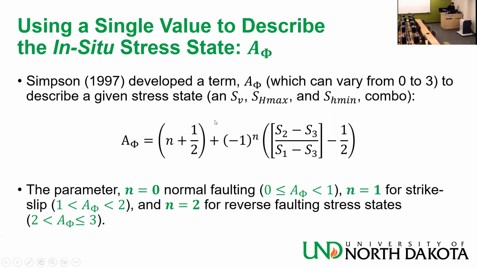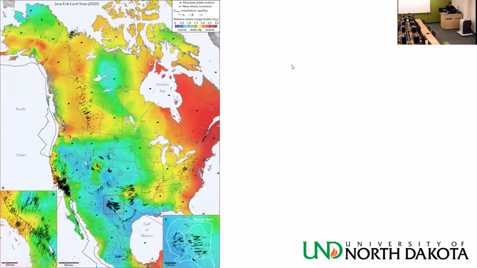So you apply this equation, and then you come up to this range from 0 to 3. And then there was somebody, an excellent fellow from Stanford, who said, let me take this A phi spectrum from 0 to 3, apply temperature colors on it.